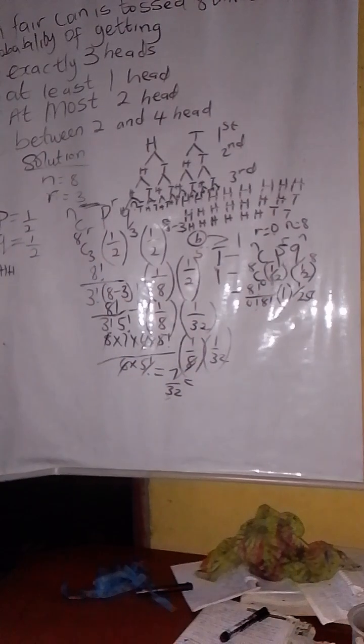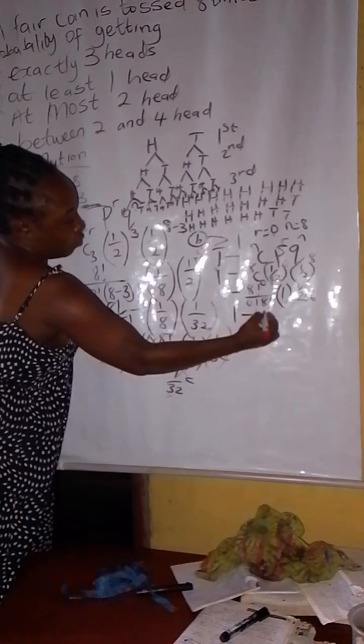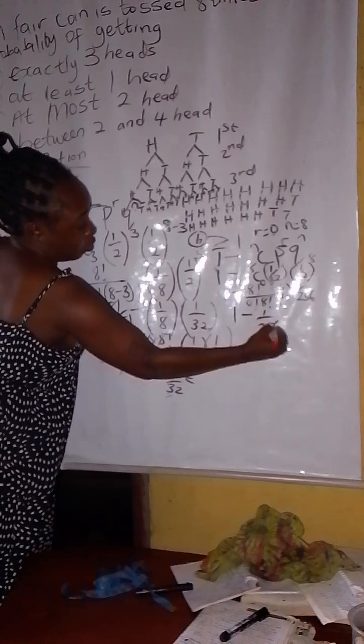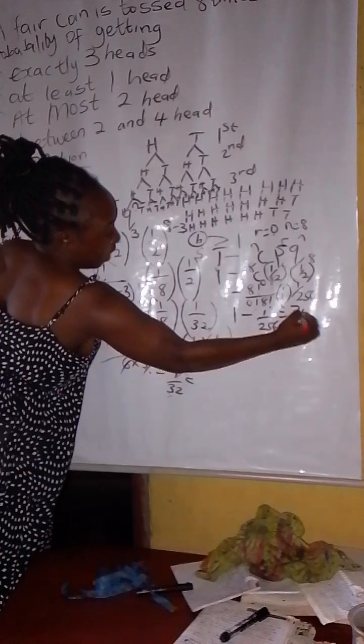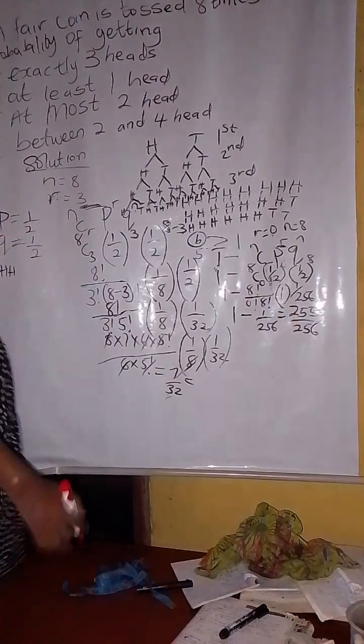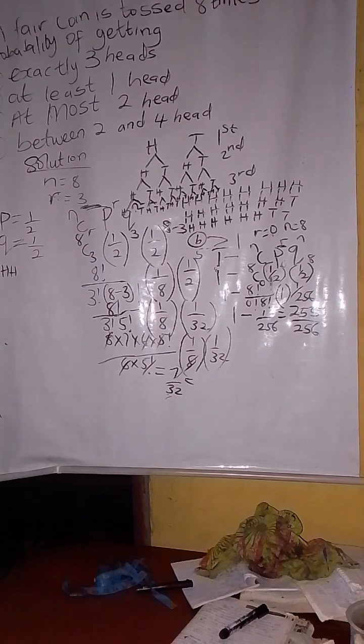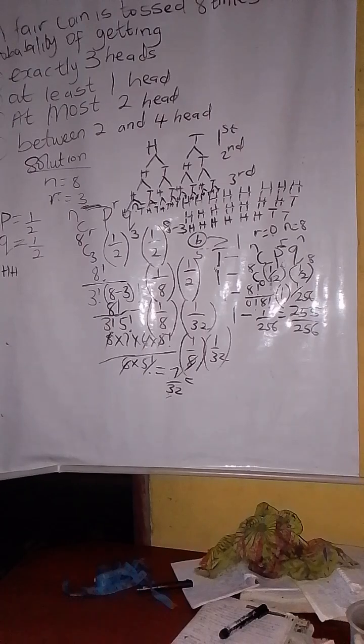So you just subtract 1 minus this, and that will give us 255 over 256. That is at least one edge.